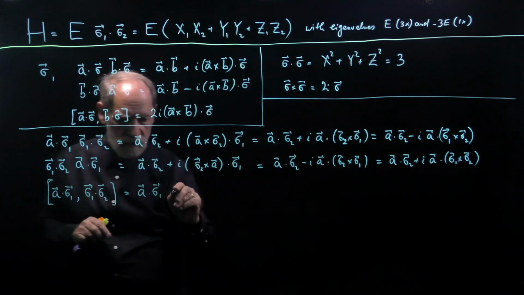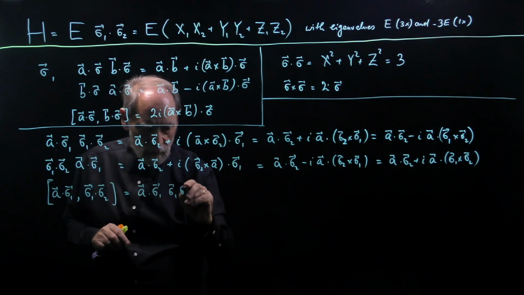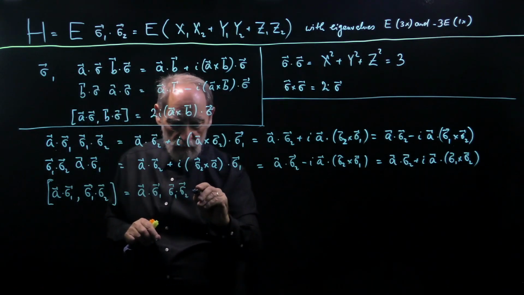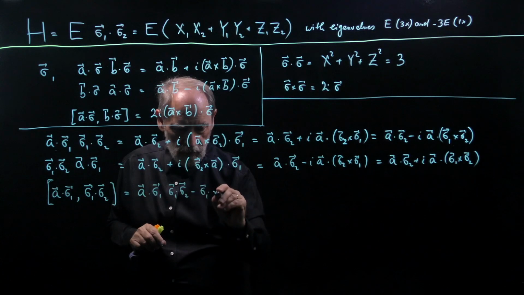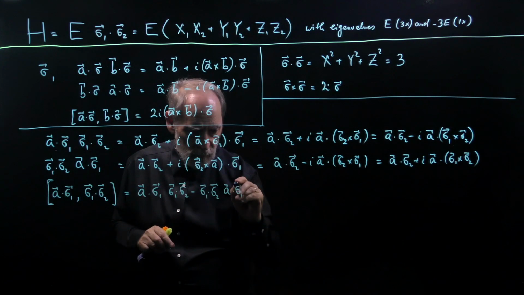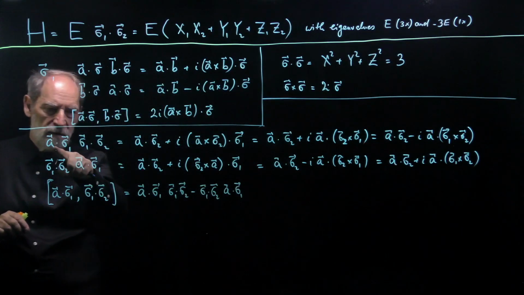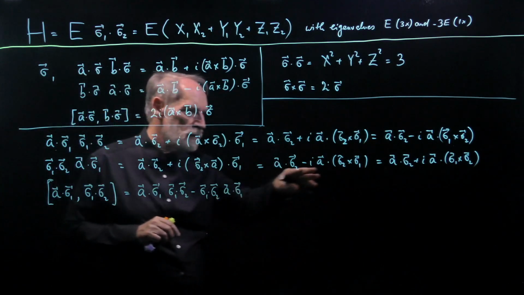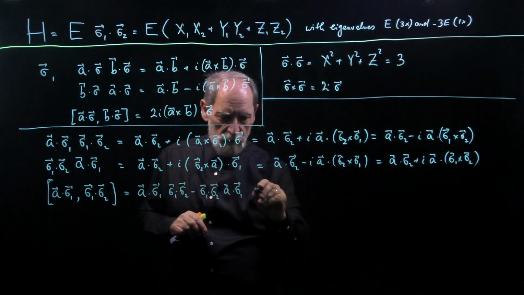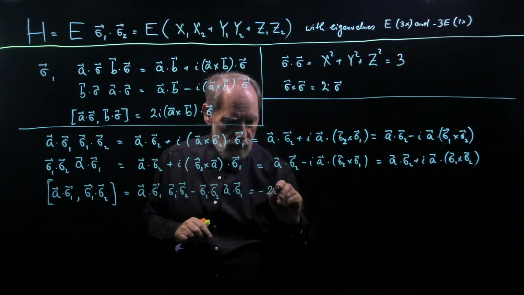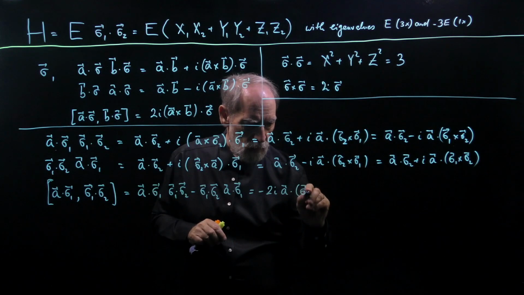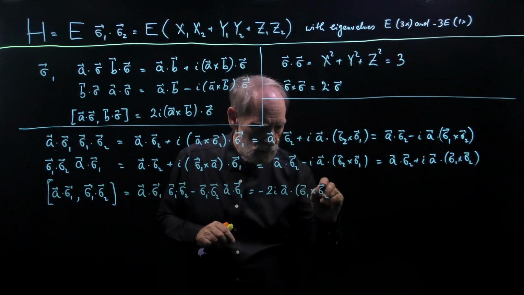So this commutator is the product as the factors come and minus the product with the order reversed. So it's exactly this expression minus this expression. So we go over here. It's this expression minus this expression. So it's negative 2I a dot sigma 1 cross sigma 2.